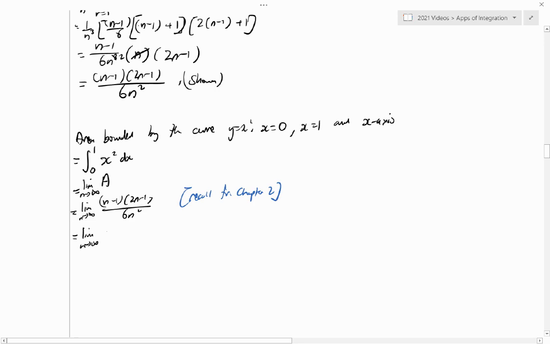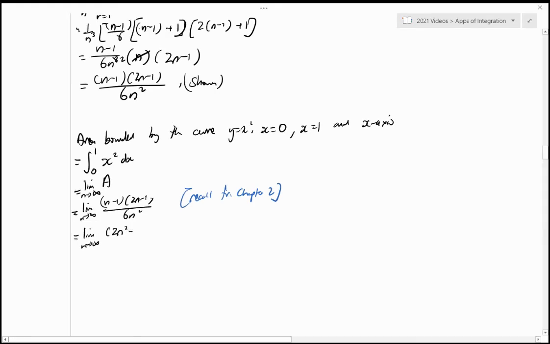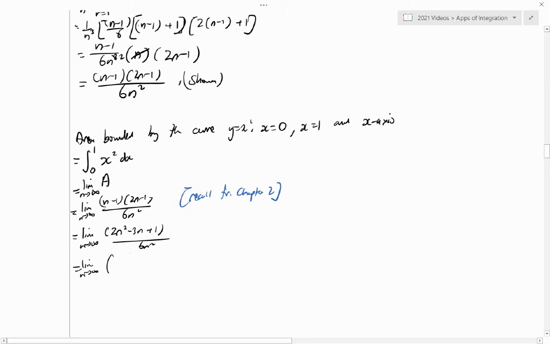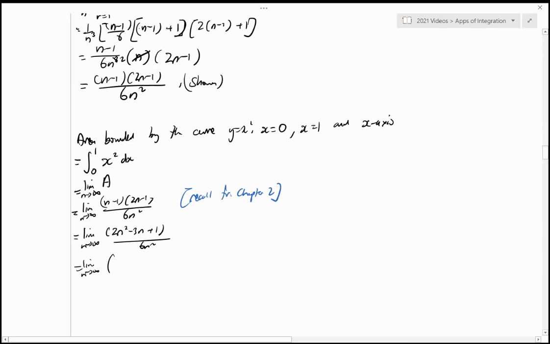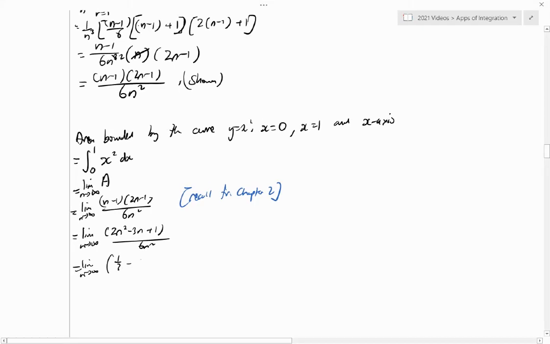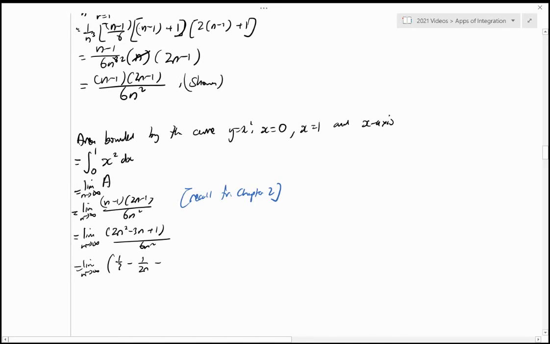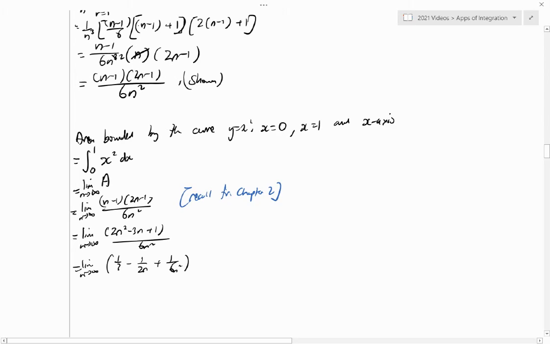Right, one way is for me to expand the numerator. That's going to be 2n squared minus 3n plus 1 over 6n squared. So this gives me the limit as n tends to infinity of 1/3 minus 1 over 2n plus 1 over 6n squared. Why?